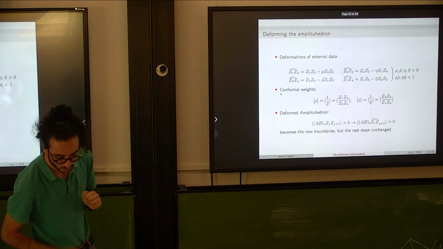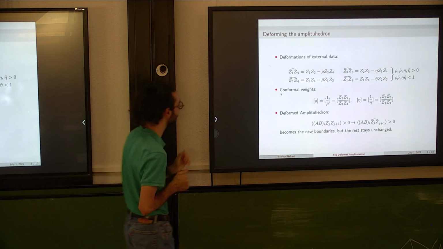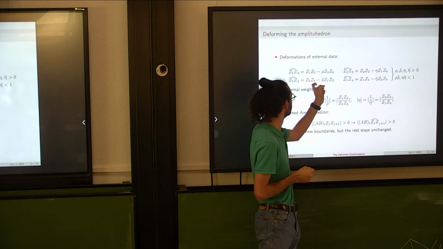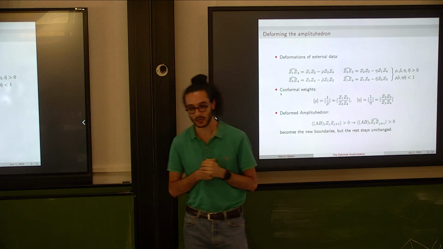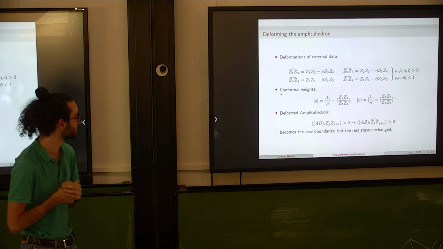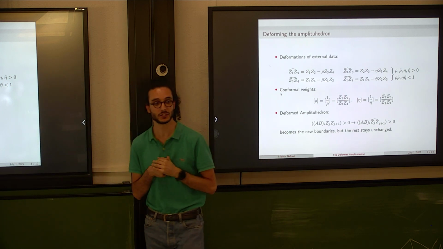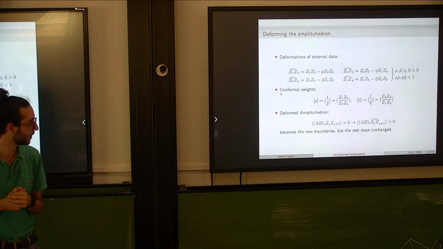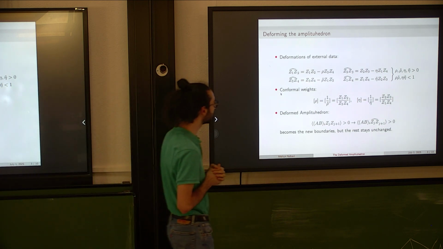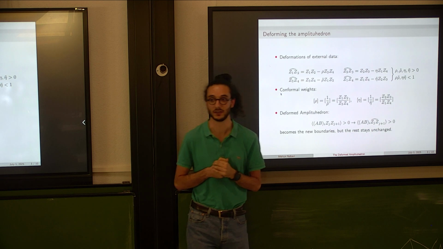So here we introduce the deformation parameters that I call rho, eta, rho tilde and eta tilde. That defines our deformed Amplituhedron. We deform only the external legs. The mutual positivity conditions between the loops stay the same. In order to introduce these parameters, they need to carry conformal weights.